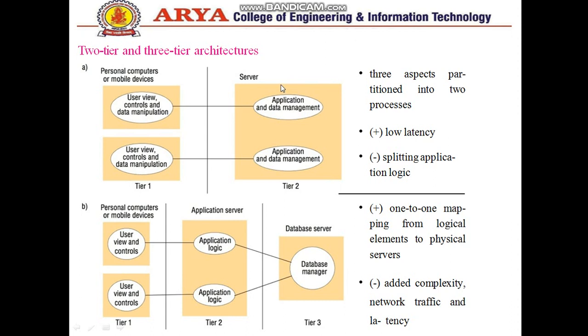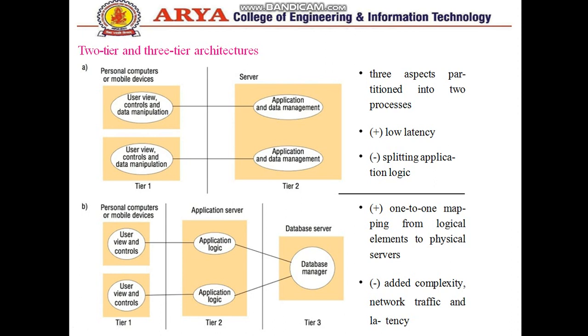So the personal computer and mobile devices are with respect to the user's view, controls and data manipulation, and the servers handle application and data management. These servers are providing services to the personal computers or mobile devices.